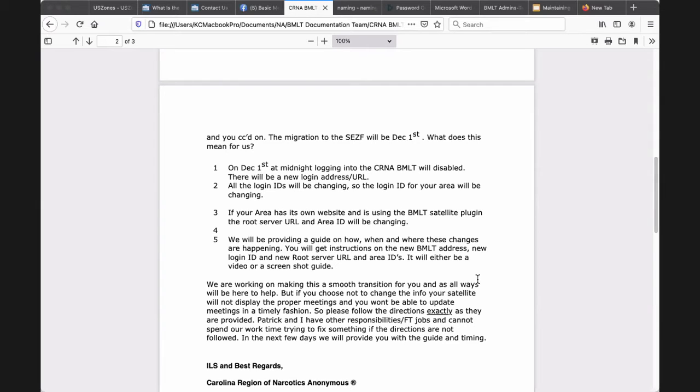One of the things that I can share with you is that when that happened, we didn't have one area admin email or call and say, I can't get in. They had all the information necessary in advance, knew it was coming, and when the switch happened, it was very seamless. We didn't see any hiccups on the site. Everything pulled over at the same time, and it was a really neat process.